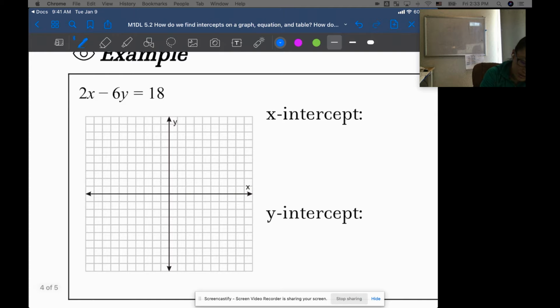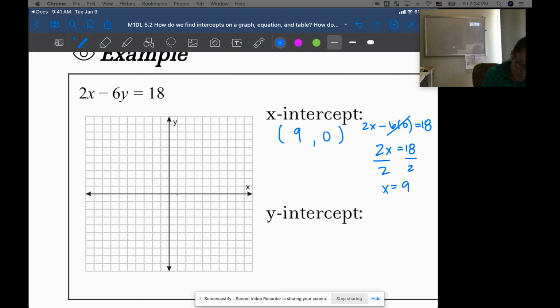So to find the x-intercepts, I would plug in 0 for y. So I do 2x minus 6 times 0 is equal to 18. 6 times 0 is 0, so I get 2x is equal to 18. Divide by 2, I get x is equal to 9. So I have an x-intercept at 9, 0.